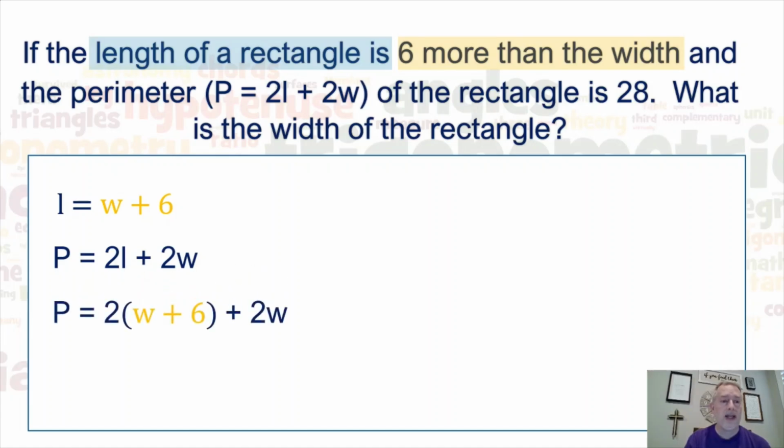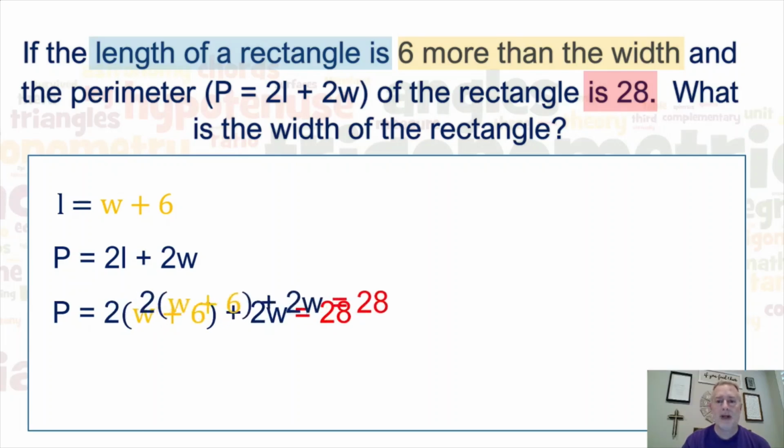So the perimeter is equal to 2 times the quantity of, even though they didn't put that in there, W plus 6, plus another 2W. But remember, they use the word is in here for me as well. The perimeter is 28. There we go, y'all. We just set up this equation. Now it's just about working the math to solve it.